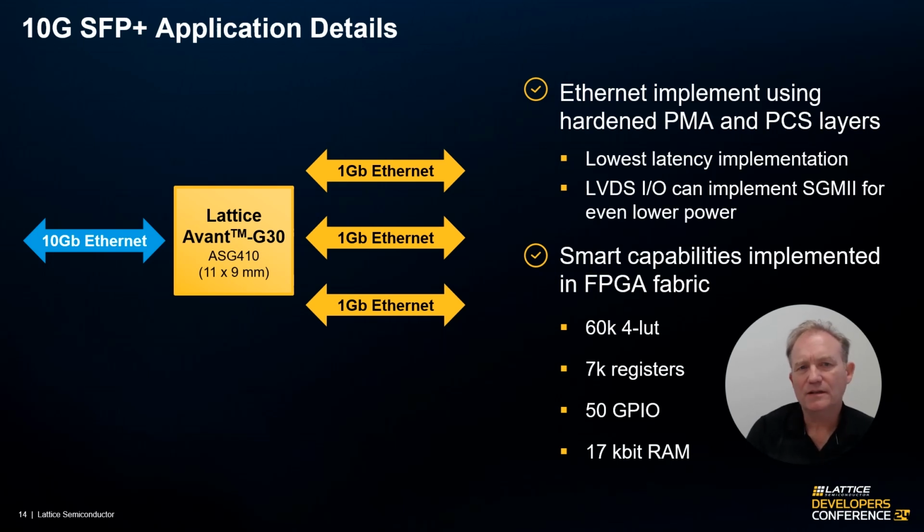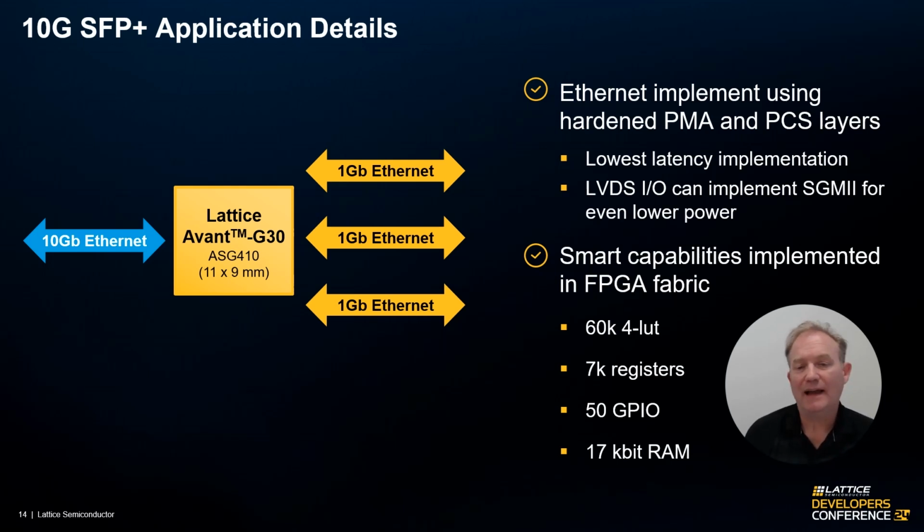In this particular application, we wanted to take a 10 gigabit Ethernet stream in, feed that through the Lattice Avant G30 device, which comes in an 11 by 9 millimeter package, so a good package to put within one of these space constrained modules. And then we wanted to drive data out into the system over 3 1 gigabit per second Ethernet lanes.